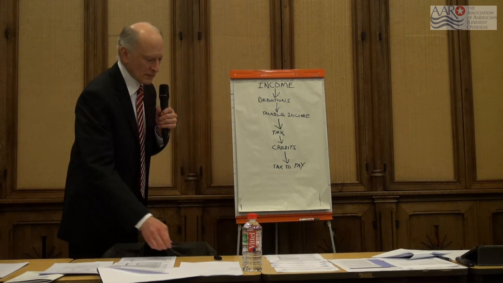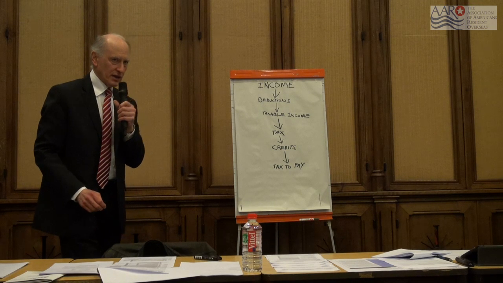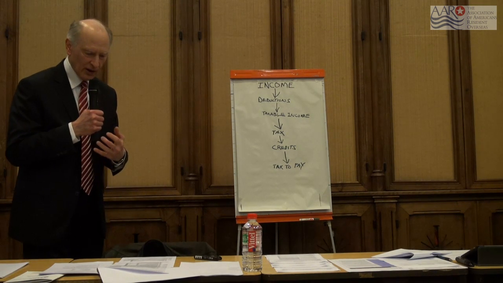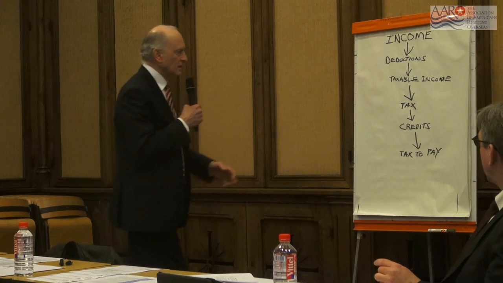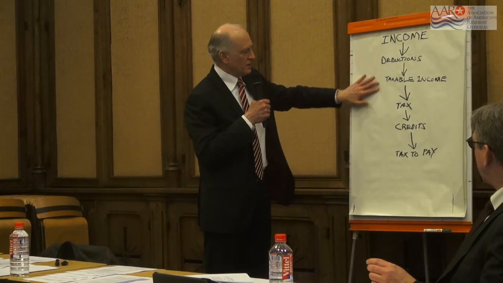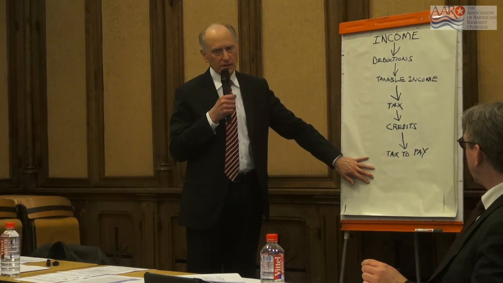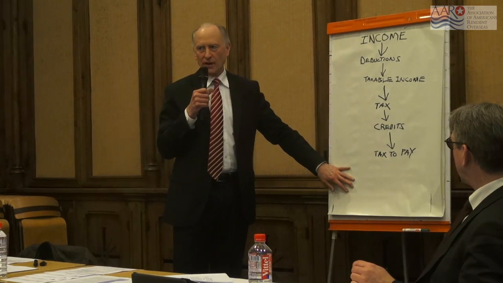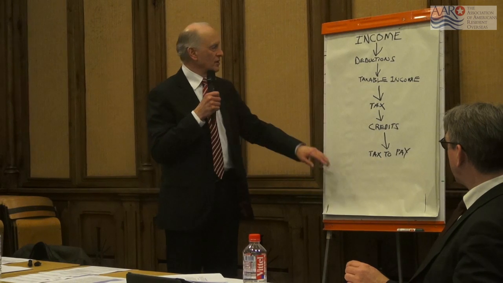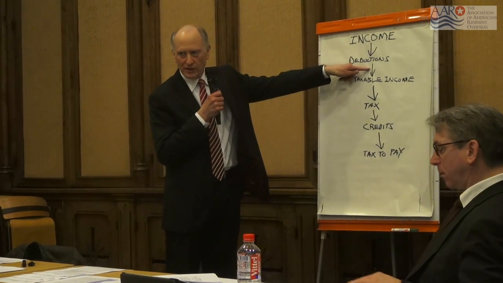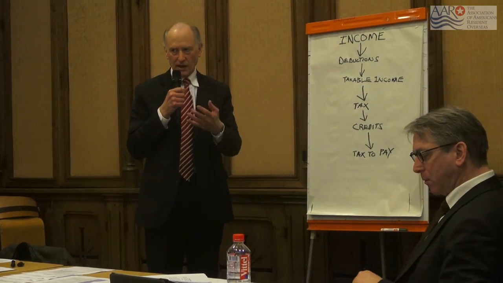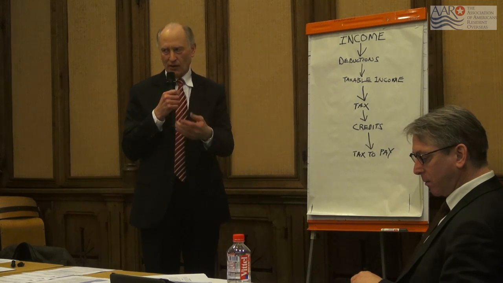And no matter how complicated this is, no matter how difficult some things are to understand, it all fits into this structure. For instance, if we start talking about the foreign earned income exclusion, we're talking about deductions. The foreign earned income exclusion is a deduction against work income when you're living and working overseas.